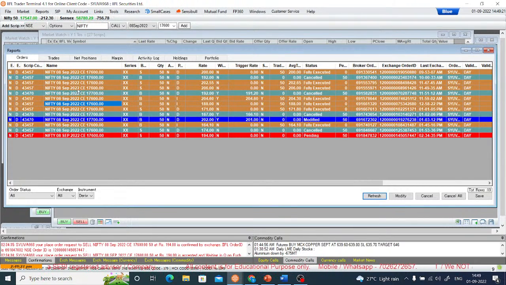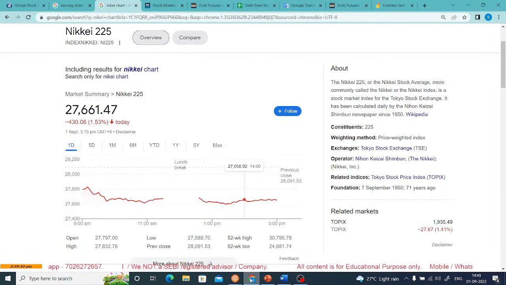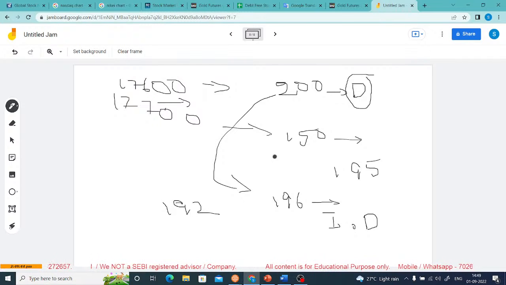Which means you decide to sell 17,600, and you go in a hedged position with respect to buying, putting certain things in the 17,700, which is 100 plus strike points. You put that as an insurance, as a safety. What you actually do is this: you start the day, you sell this 200, and then you put the stop loss for this 17,700.